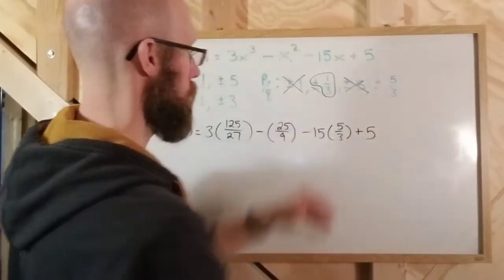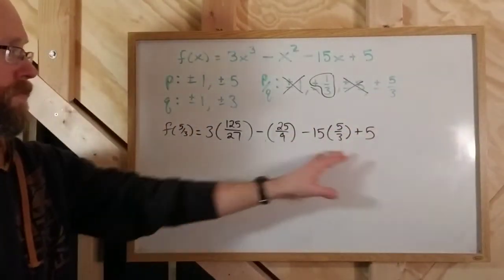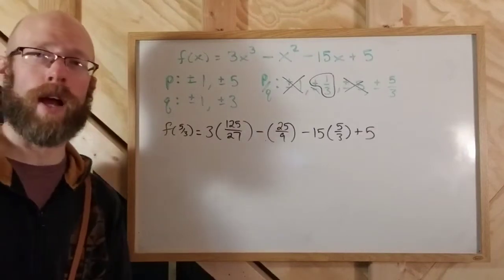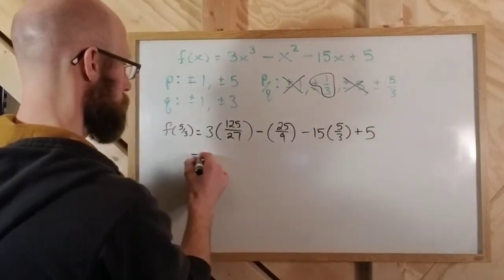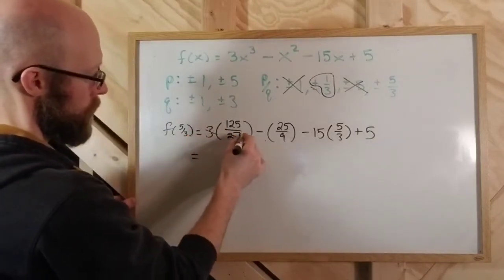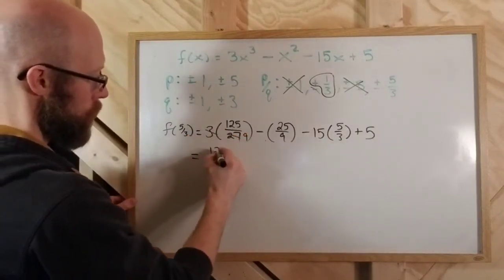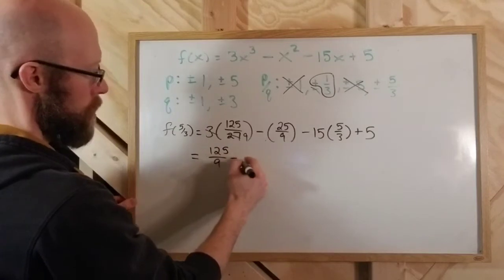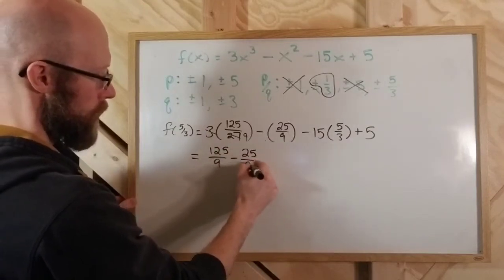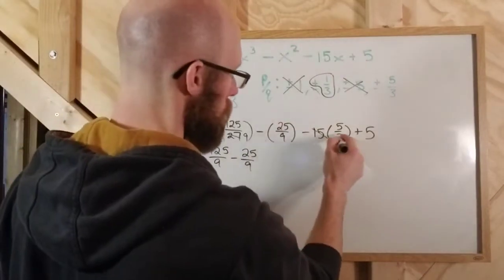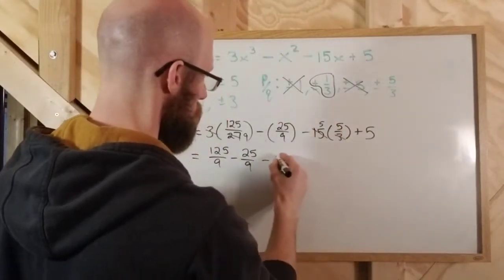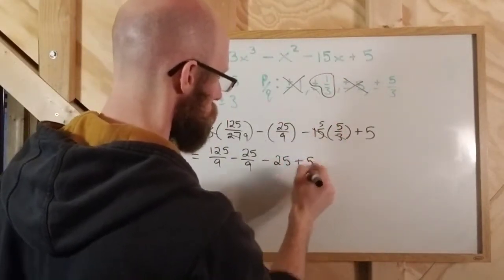and then plus 5. Now as I simplify this, we'll just try to keep track of our positives and negatives, see if they drop out, if they even up. So 3 over 27 is 1/9, so that's 125 over 9 minus 25 over 9. Here my 15 and my 3 cancel to a 5, so it's minus 25 plus 5.